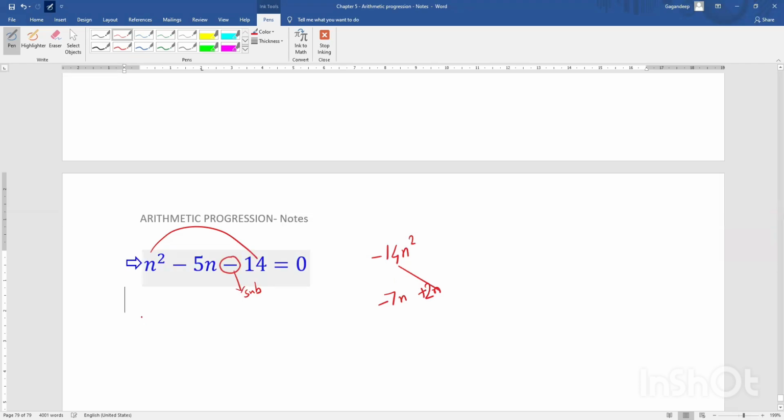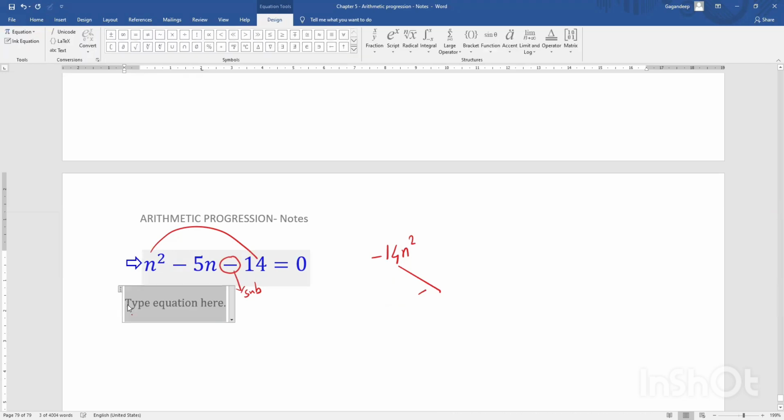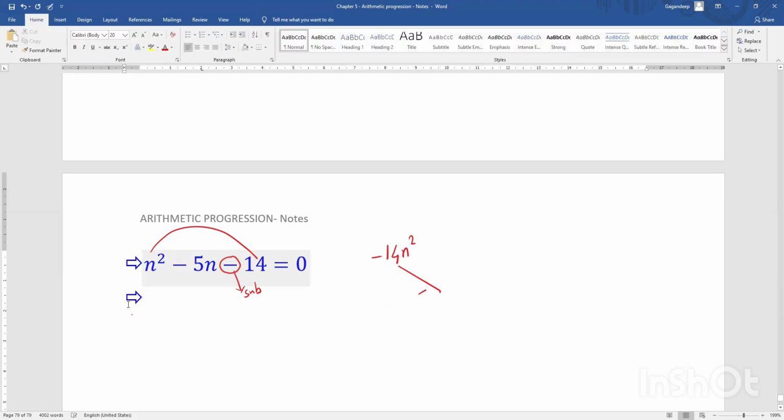Or we can write it as n square minus 7n plus 2n minus 14 equals 0.